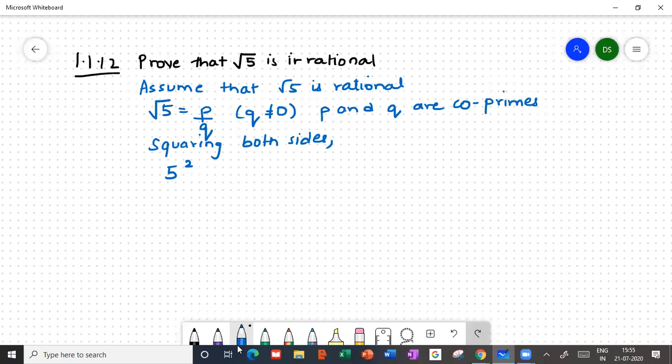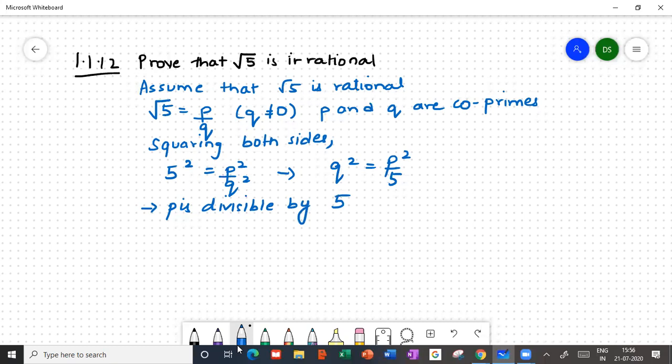So I can say that Q square is equal to P square by 5, right? So from here I can say that P is divisible by 5, correct? Yes. Then P is 5 into a constant K. P is equal to 5 into K. P square is 25K square. Then if you square both sides. Correct.